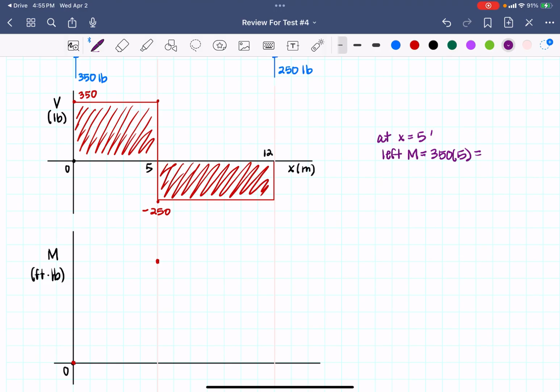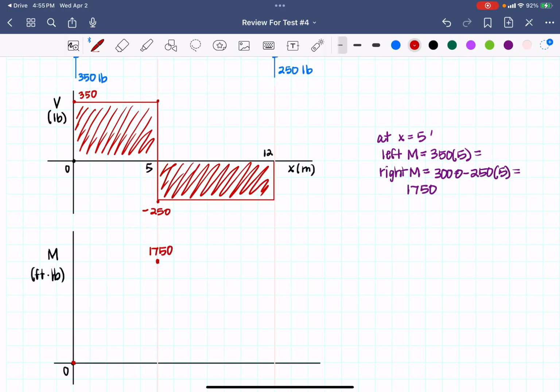And from the right, M equals 3,000 minus 250 times 5. And from either of those, I'm going to grab my calculator, but I don't have it right now, I'm going to get 1750. So that is where my peak is at 5 feet, 1750.